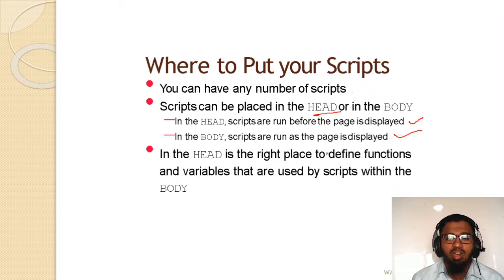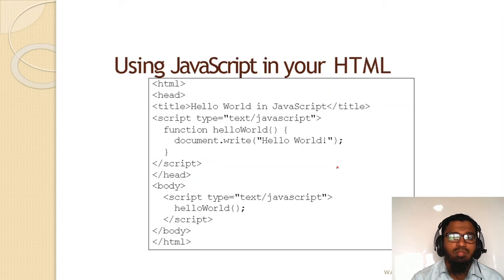The head is the right place to define functions and variables that are used by scripts within the body. These are two different things. So we need to keep scripts in the head as well as in the body.